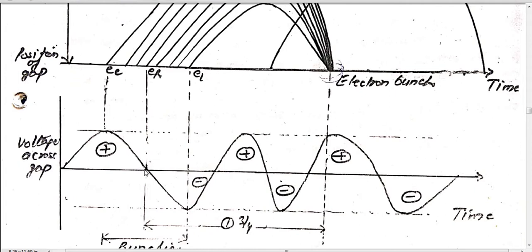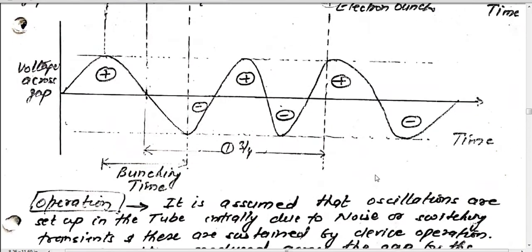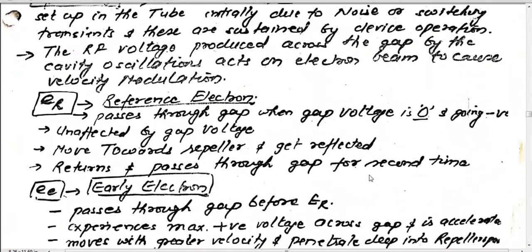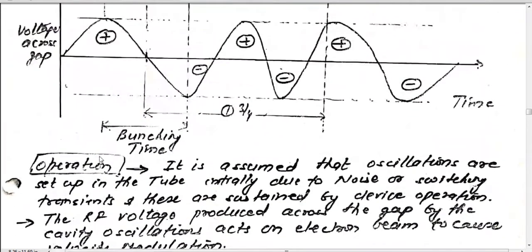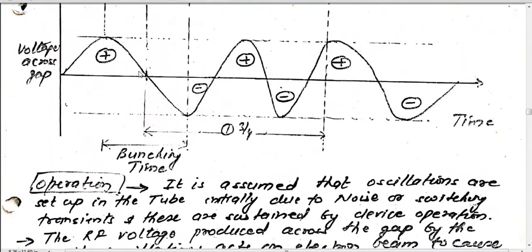Here the voltage is 0 at these points. So these are the points where this reference electron is passing, and the voltage here is 0 and going negative. So this is the point for the reference electron.